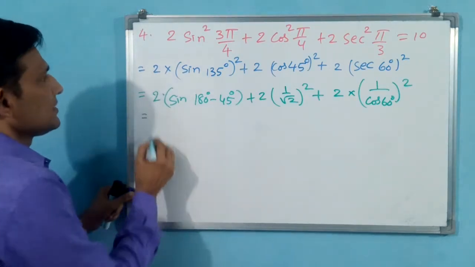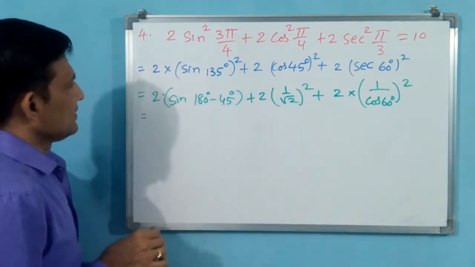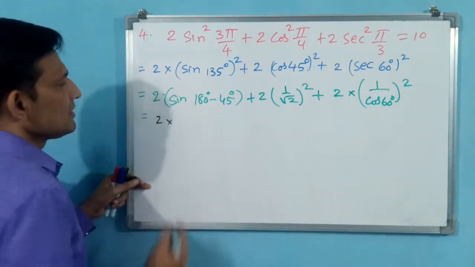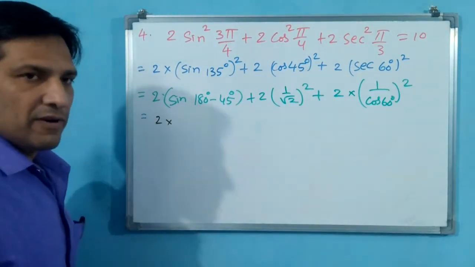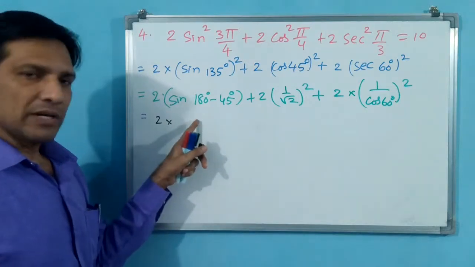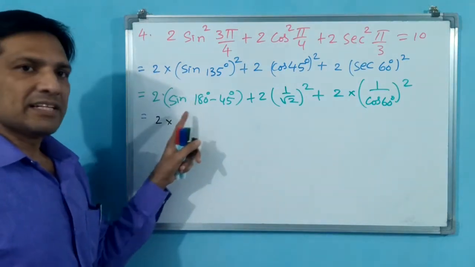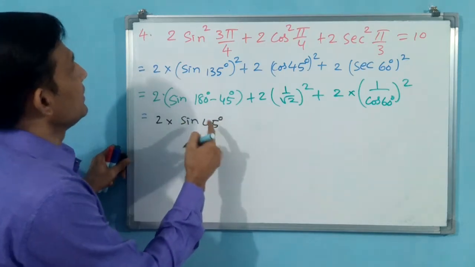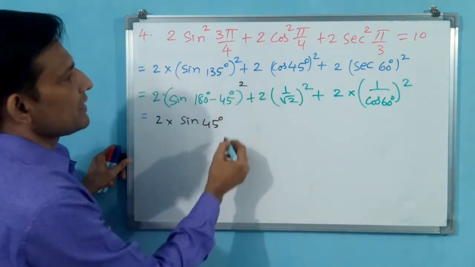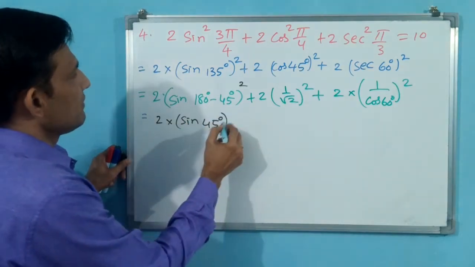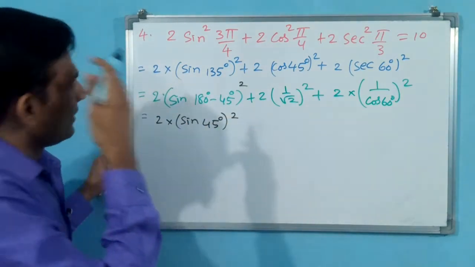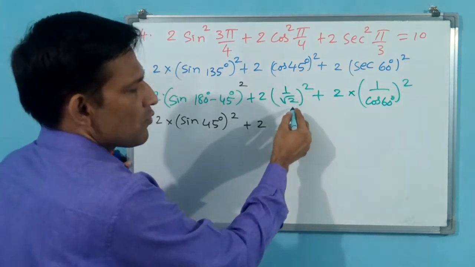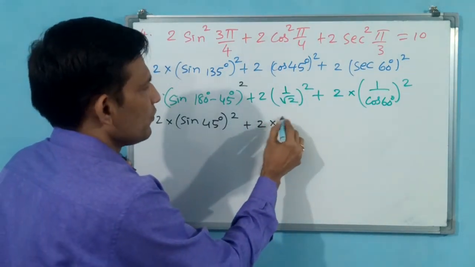Now you write 2 into 180 minus 45. That is second quadrant, sine positive, and 180 is there, that is why sine will come, sine 45 degree. You see, sine 45 square is there. Plus 2 into 1 by root 2 square, which means what? 1 by 2.